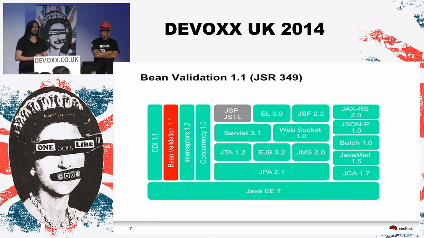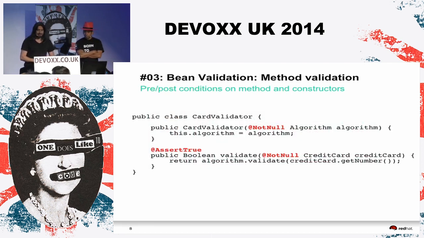Let's move on to Bean Validation. Again, we go from 1.0 in Java EE 6 to 1.1. And this time, there are not many new features, but a killing one. You know, I really like this one. Until now, in Bean Validation 1.0, we could put constraints on attributes and classes. Now, we can do that on parameters, method and constructor parameters, and also return types.